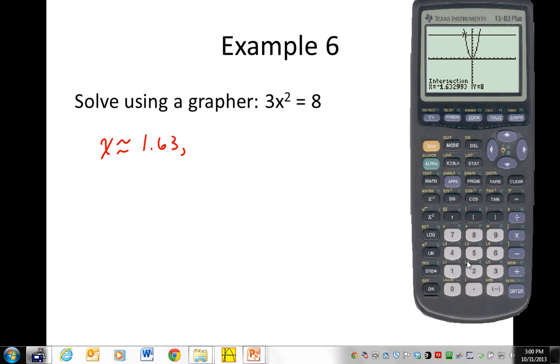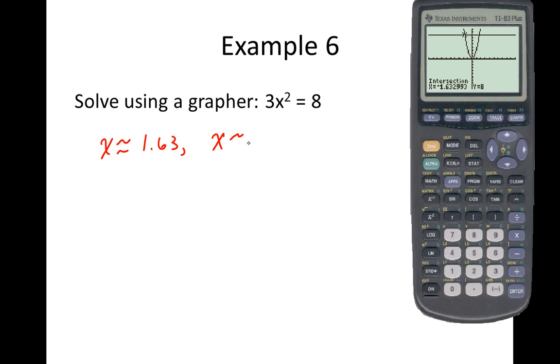And notice you're going to see the word intersect here. In this case, negative 1.63. Sometimes when these are only off by a sign, we can write it a little more complexly as plus or minus 1.63. But they're all fine.